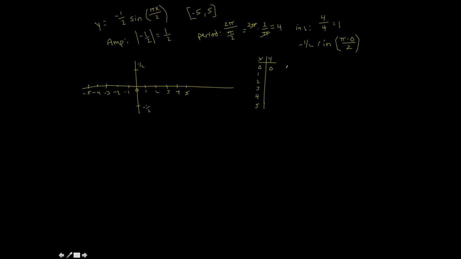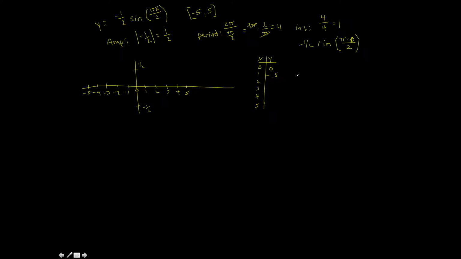Now, we would be plugging in a 1 right here. So that's going to give pi times 1, which is pi over 2. So what is the sine of pi over 2? Well, that's +1. And 1 times -1/2 gives us -1/2. Okay?